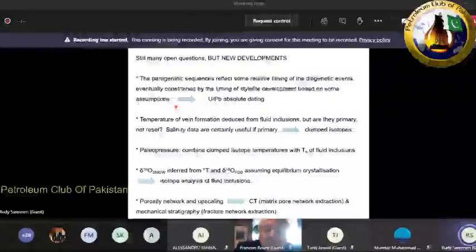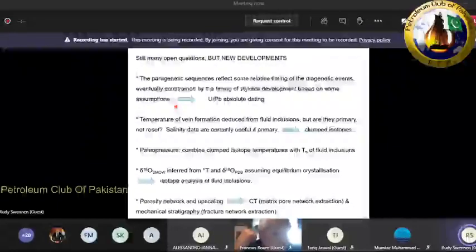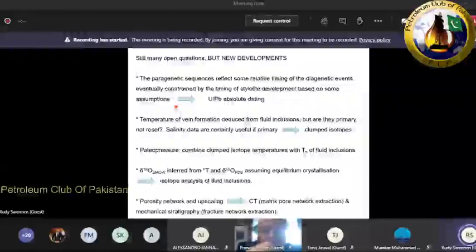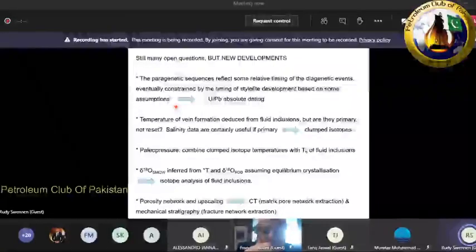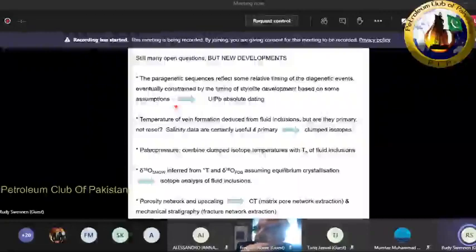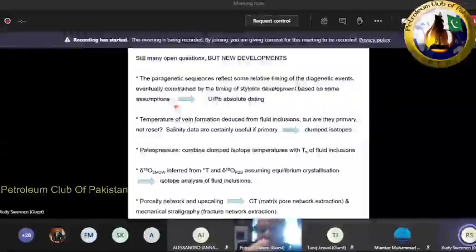Also, the temperature of the vein formation deduced from fluid inclusions is sometimes questionable because we don't know if it's really the primary fluid inclusion or if it is not reset by recrystallization. Okay, the salinity data can certainly help to some extent for inferring which is the fluid system. But now with clumped isotopes, we have the possibility to deduce the real temperature of formation.